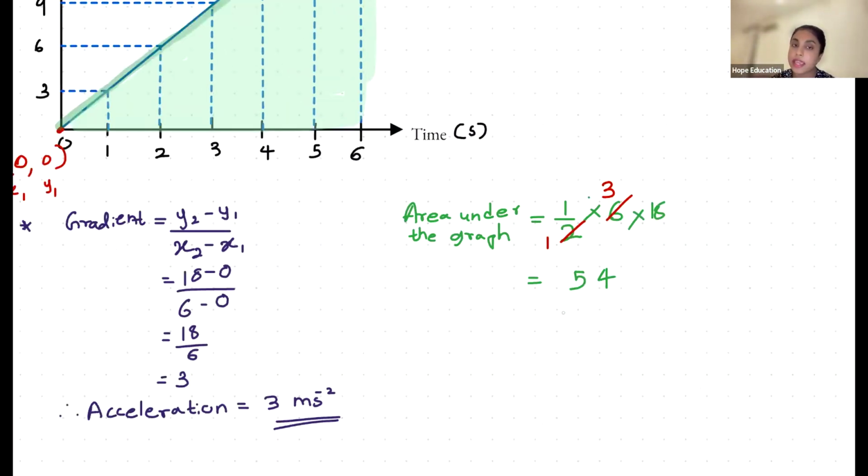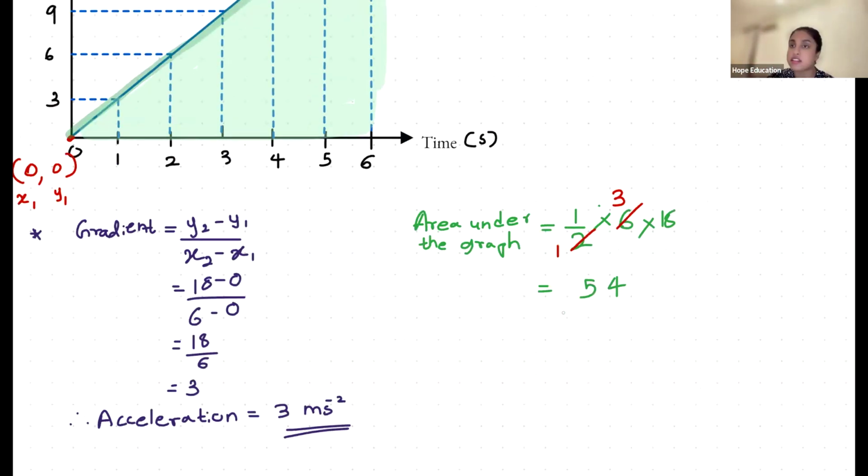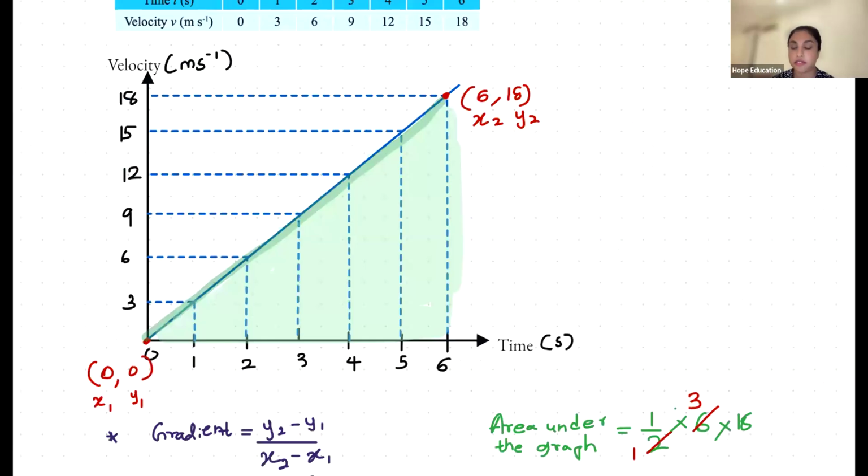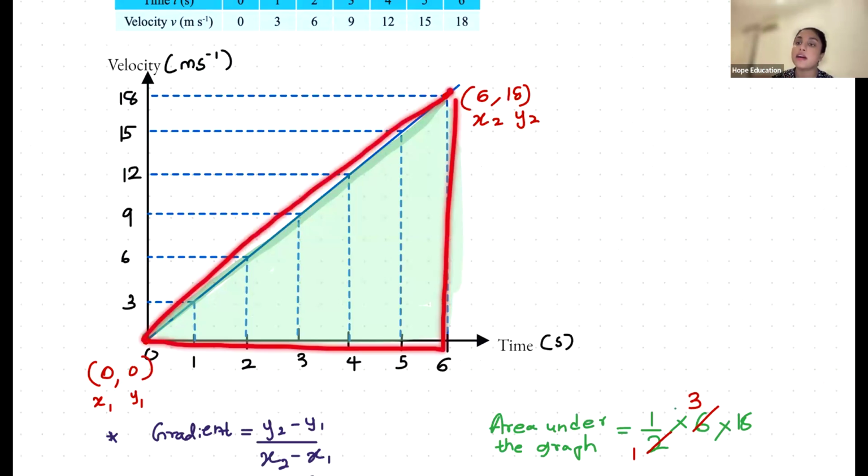Is that clear? Area under the graph looks like a triangle, so I calculated the area using the formula for finding the area of a triangle. Can you explain once more? Yes. Now this is my graph. If you look at the area under the graph, that means this section, it looks like a triangle. So how do I get the area of a triangle?